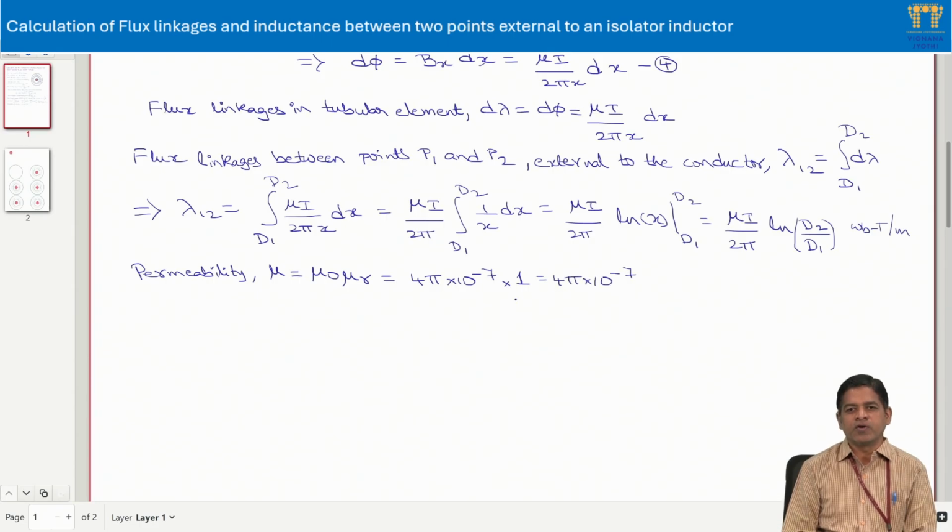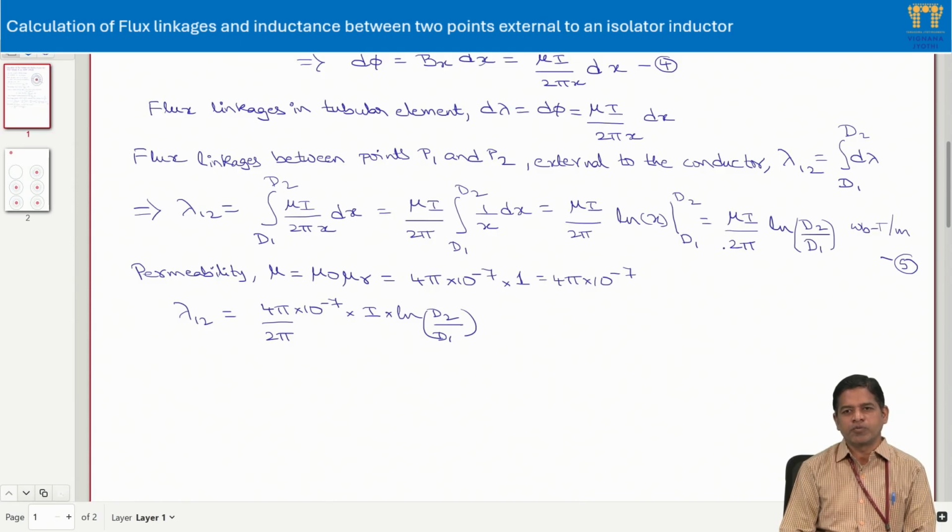Now if I substitute the value of this mu in equation 5, I get lambda 1 2 will be equal to 4 pi into 10 power minus 7 into I divided by 2 pi into log of d2 by d1. So I've just substituted mu is equal to 4 pi into 10 power minus 7.